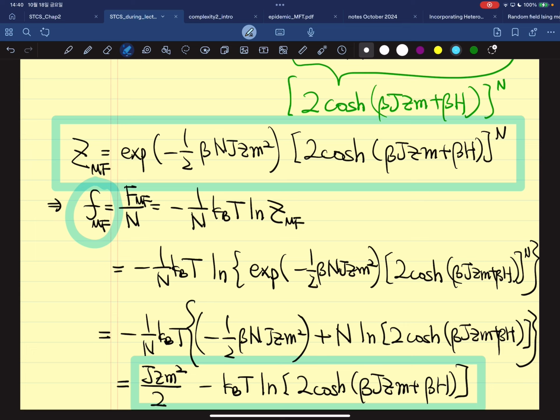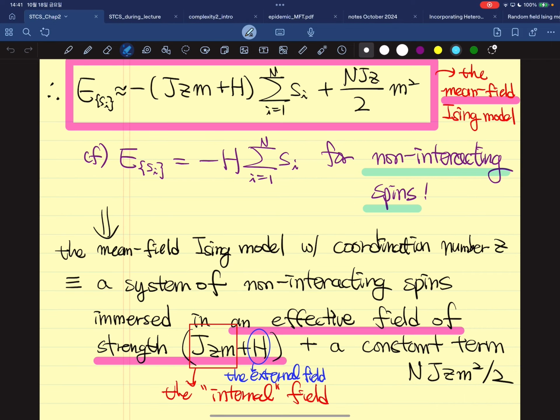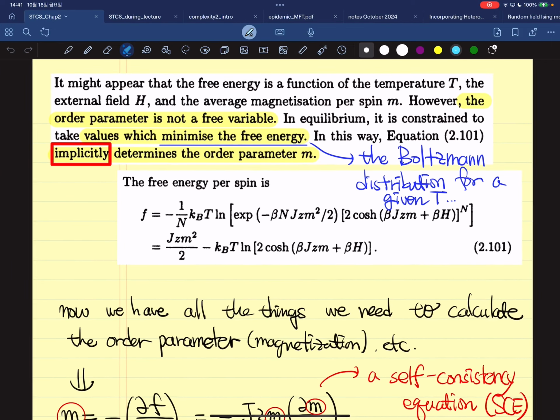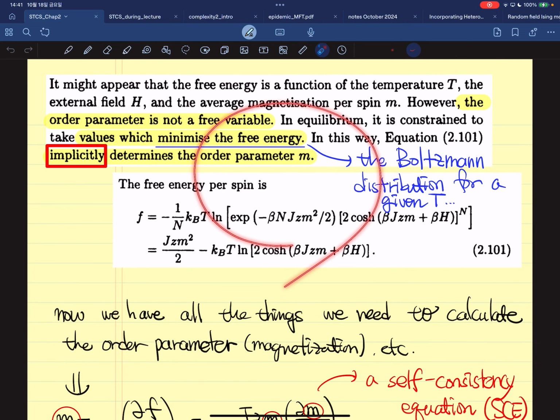But there is a very important point you should remember throughout this whole discussion. That's why I put this part taken from our textbook. It might appear that free energy is a function of temperature T and external field H. So far, so good.